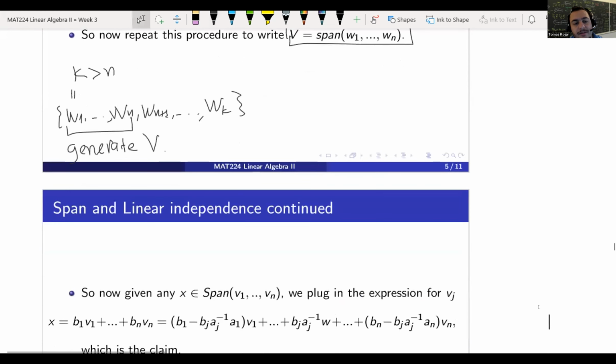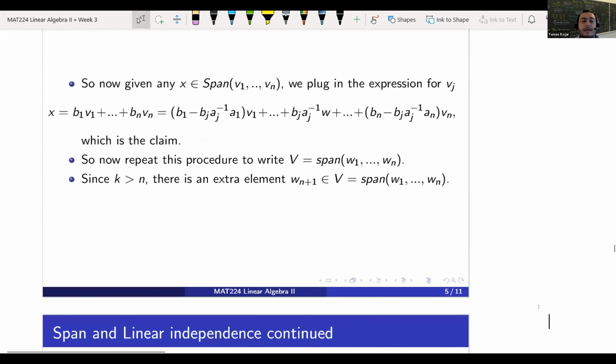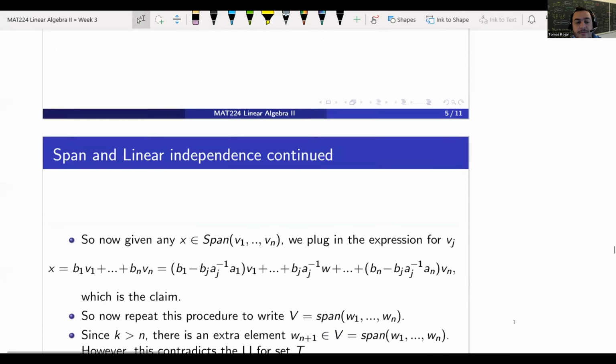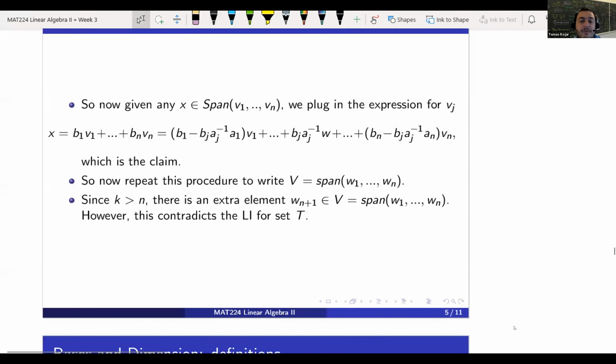Okay, so here's the contradiction. If you do this, it means that you have an extra vector, Wn plus 1, which is in V, and it's also spanned by the other vectors. But this is a contradiction, because we know that the set T was linearly independent.